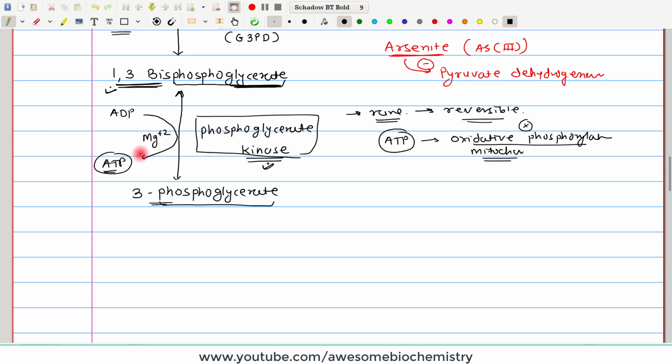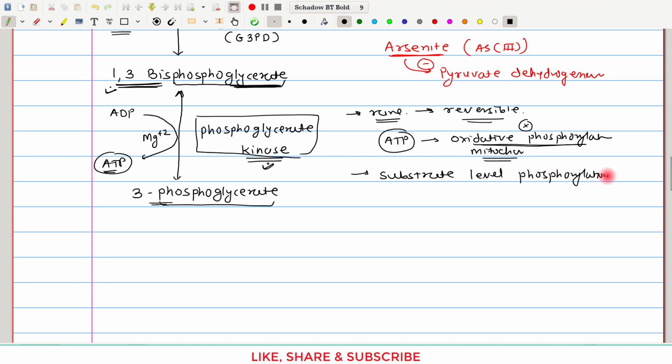So, to differentiate it from oxidative phosphorylation derived ATP, we call this substrate level phosphorylation. This is a very good example of substrate level phosphorylation, and in biochemistry, you will find very few examples of it.